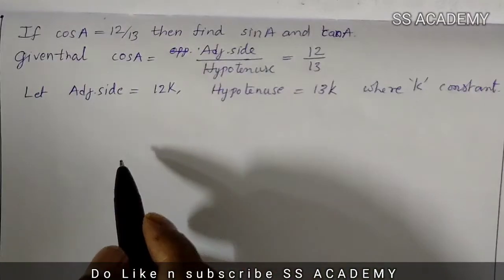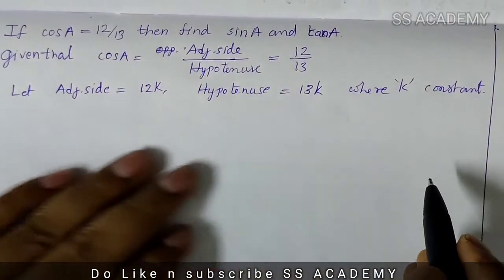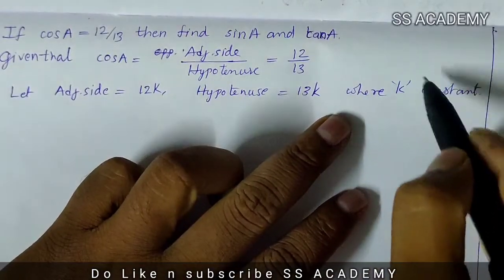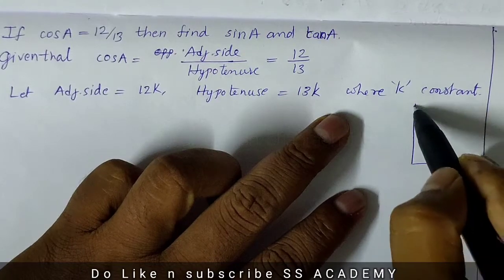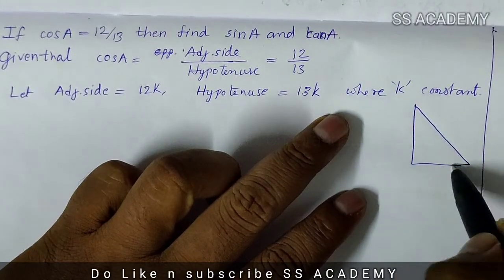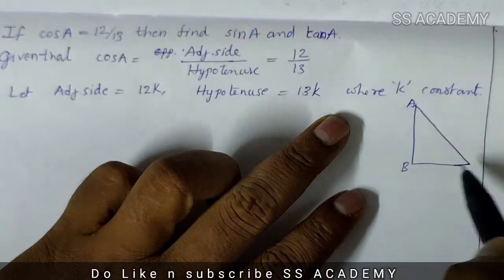Okay, so now let us draw a right angle triangle. Say it is A, B and C.